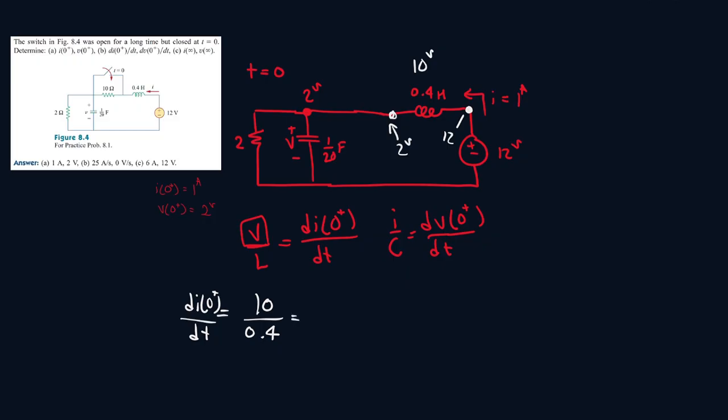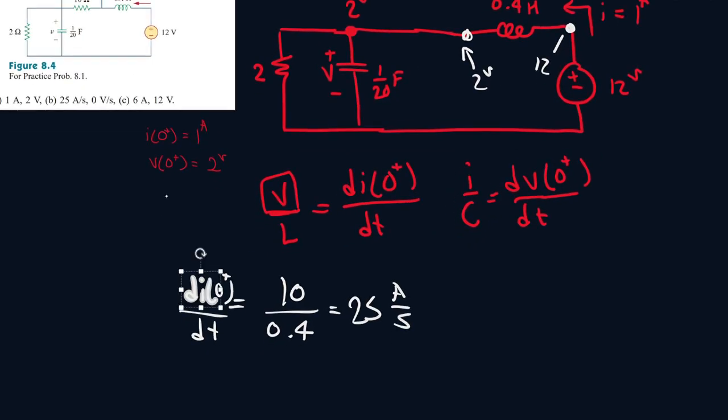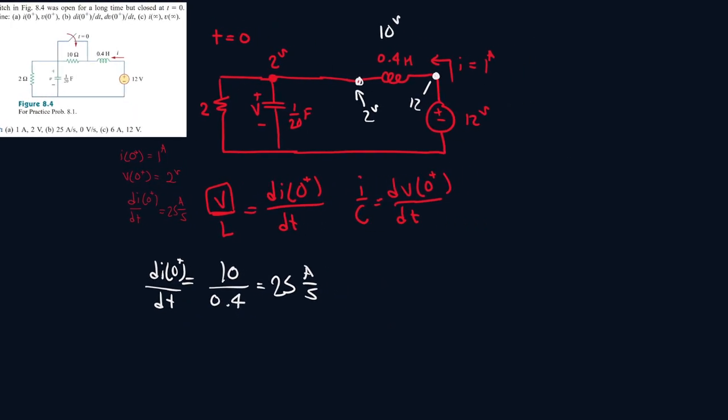That gives me 25, and this is in amps per second. The reason it's amps per second is that I is in amps and t is in seconds.